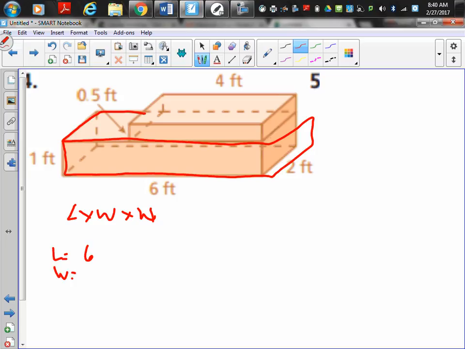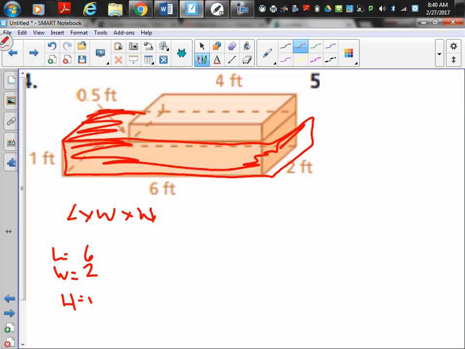What's my width? 2. And what's the height? 1. Alright, so that's for this piece.